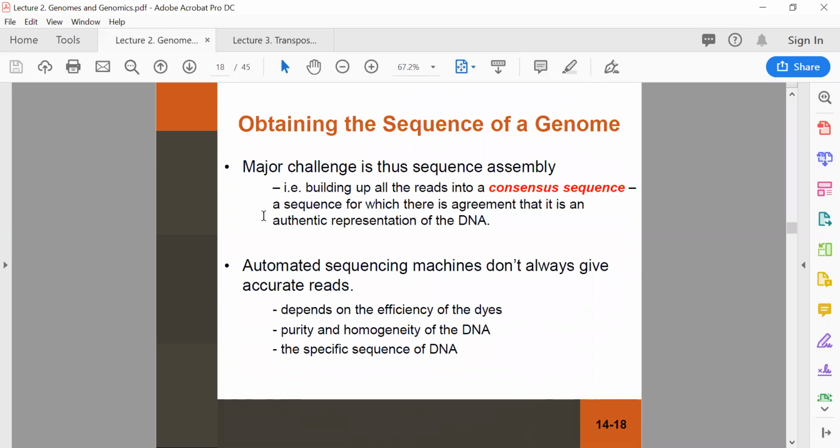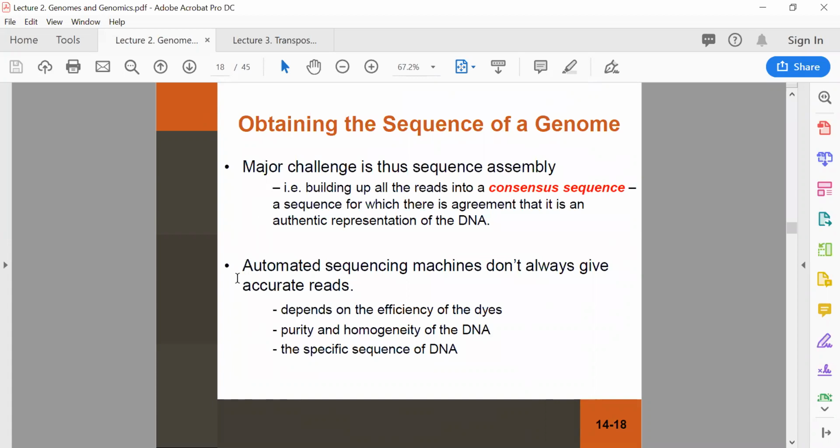In other words, you can't just sequence a small piece of DNA and say, okay, that's the sequence. It has to be done multiple times, just like you would include multiple replicates in an experiment to make sure that you've got a genuine result, or as genuine as possible anyway. Okay, so that's a major challenge.